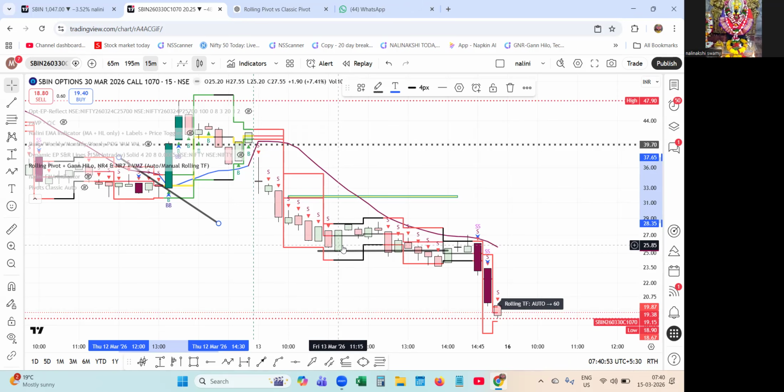But when you have a system that gives direction, balance, structure, and visual signals, this rolling pivot system gives you all of that. Something interesting happens. Your confidence increases, your decision clarity improves, you stop reacting emotionally.